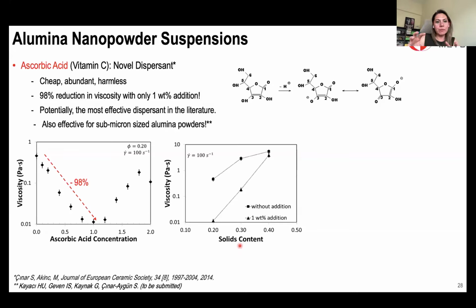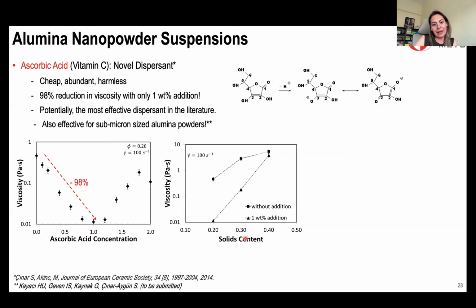Those polymers may bridge different particles rather than disperse them. So we thought that for those nanopowders, we need to use much smaller organics. And once we used ascorbic acid, we could reduce the viscosity of those nanopowder suspensions by 98% with only 1 weight percent addition of additives.